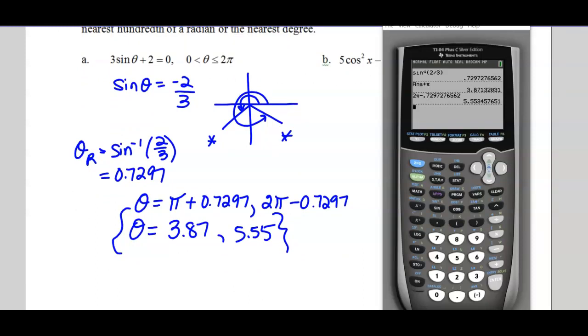Now, if we hadn't done the reference angle, so say I went second sine, negative 2 divided by 3. Notice how you get a negative angle. Can't write it down. Can't include it in your final solution set because I'm supposed to give angles between 0 and 2 pi. It has given you this angle here in the negative direction. So if you add 2 pi to that, then you'll get this.